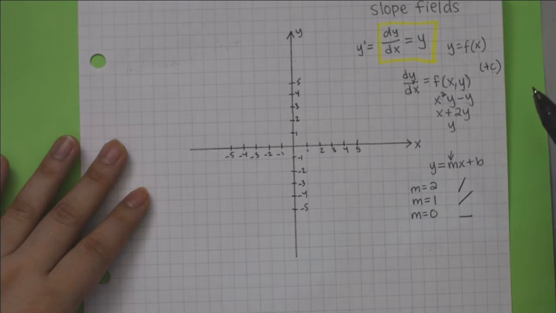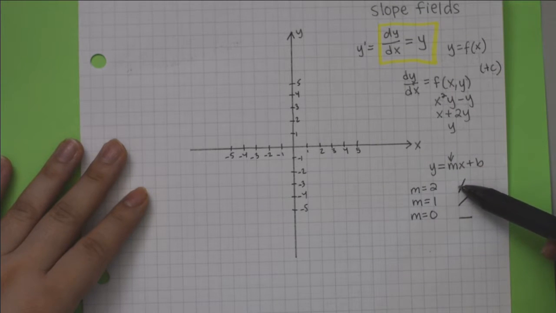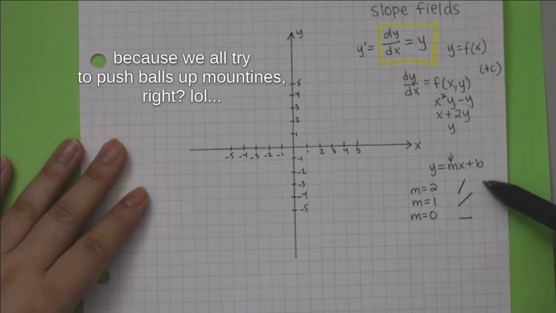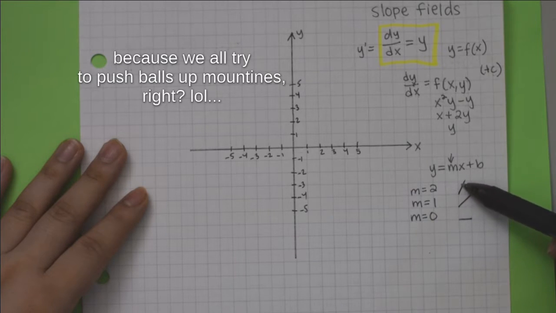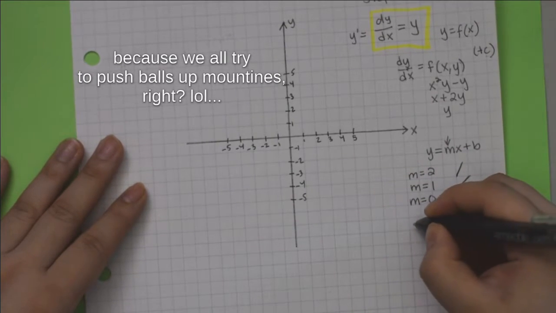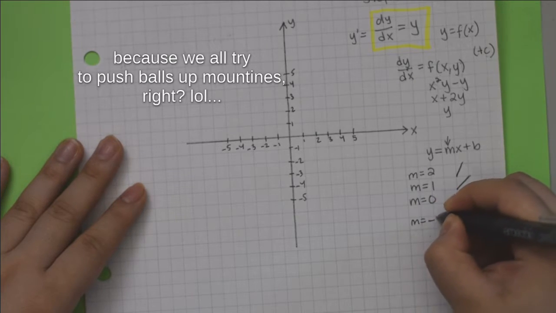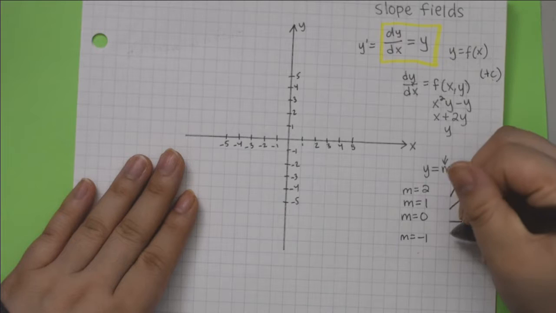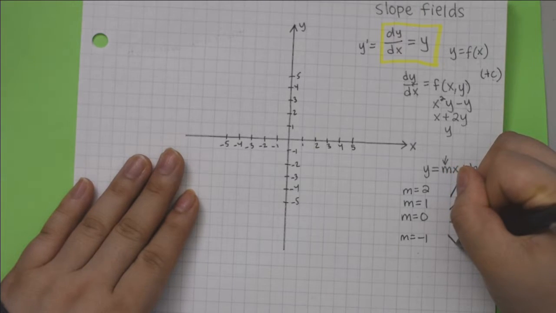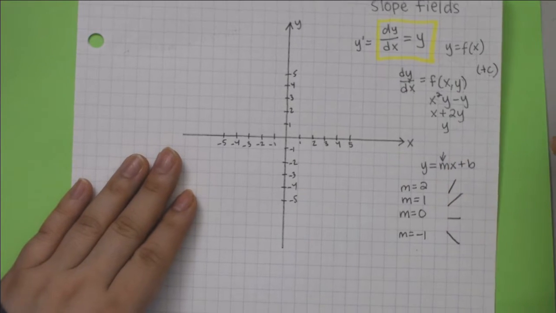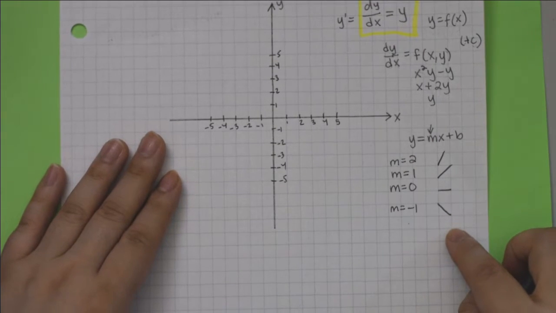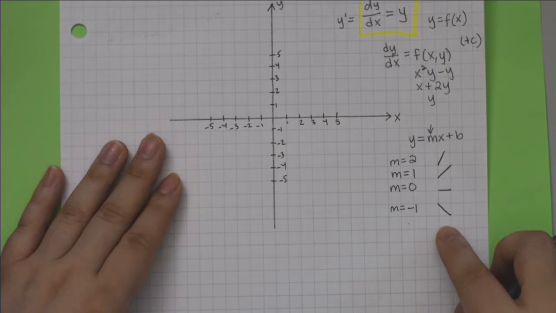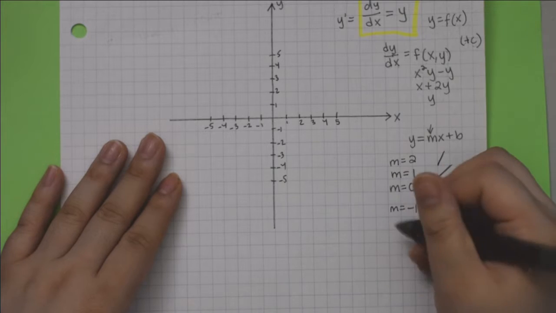And so m equals 3, you keep increasing, it keeps getting steeper, right? So you can envision like it'll be harder to push the ball up here if this were like the mountain, right? And then if m is negative, so -1, it goes the other way. It's downhill, if you want to think of it like that. Of course, we're not relying on the rigorous math right now and the calculations, but this is the general idea, right?